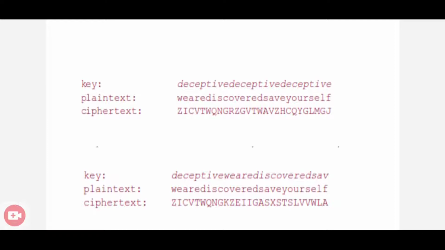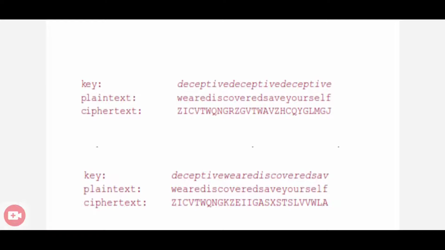So we have to take the key as long as the plain text. So we can use deceptive, and repeat it: deceptive, deceptive, deceptive, for ensuring its length is the same as that of the plain text. Clear? You can see in the figure the length of the key and the length of the plain text are the same.